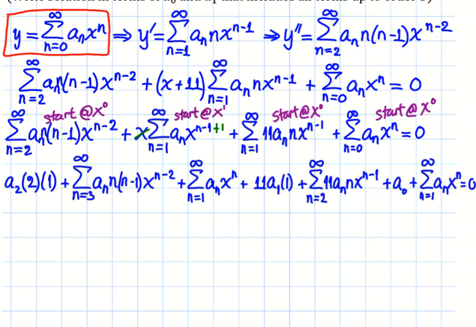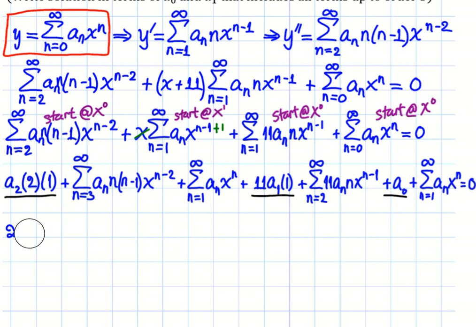So all the series will start at x to the first power. We can combine them. Right. Also, we now combine all the loose terms or isolated terms. We have 2a2 plus 11a1 plus a0, and now the summation.